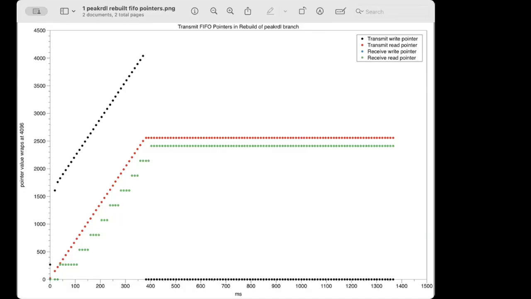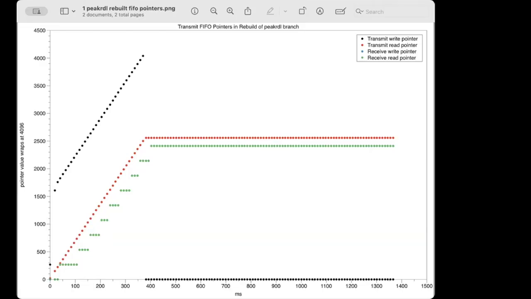So what we see here is things not quite working correctly. You can see that at startup, at time equals 0 across the bottom, the transmit read and write pointers are different. They start at 0, or near 0 anyway. But the transmit one fills up like crazy before anything happens with the read pointer.